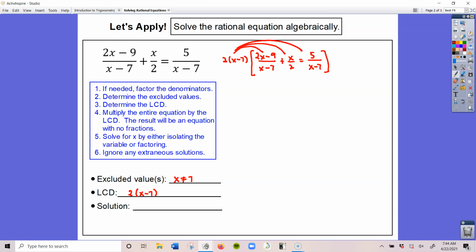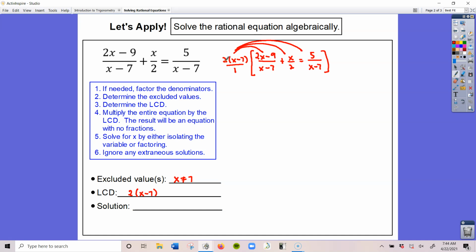Now remember when we were multiplying rational functions, when we're multiplying 2 times (x minus 7), that's just 2(x minus 7) over 1. So when I distribute this to each of these rational functions, we multiply numerator with numerator, denominator with denominator. But don't actually multiply, and you'll see why.